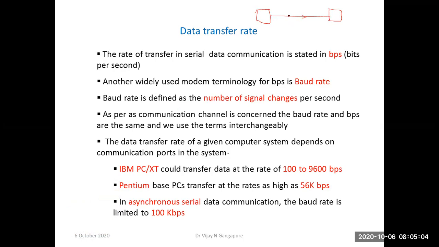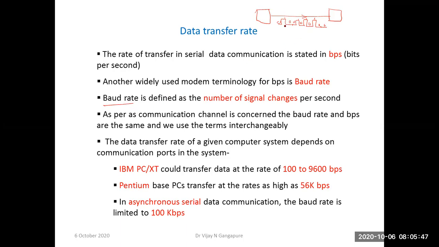On this communication channel, signals are changing depending on the data being transmitted, switching in between 0 and 1. 0 and 1, 0 0 1, 0 1, 0 1, 0 0, and so on. How much these signals actually change in between zeros and ones, that is called baud rate.